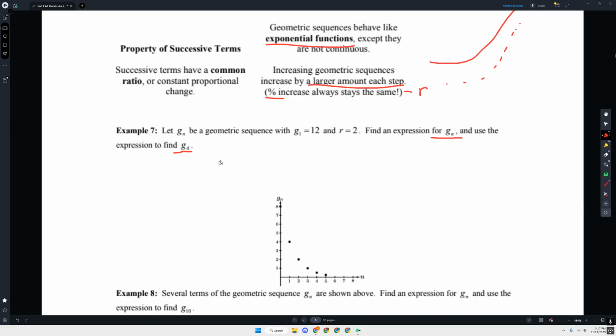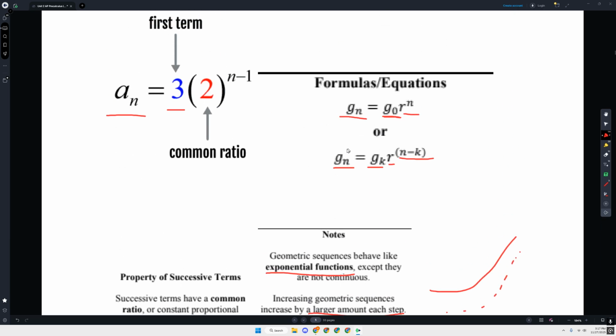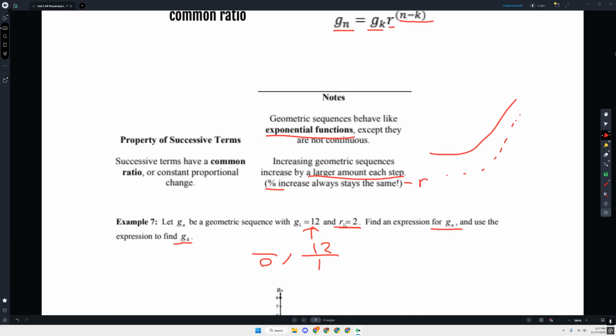So for this one, we're starting with g of 1 is 12, so our first term is 12. We need to find g of 0 for our equation over here, and it says our ratio is 2. So we're going to go back, which means it's 6 because you're dividing by 2. You divide by 2 if you go backwards, multiplying by 2 if you go forward.